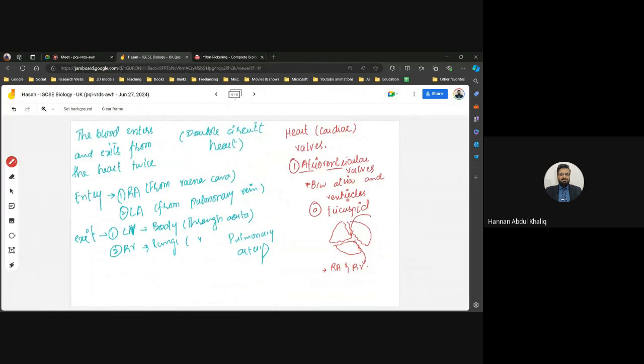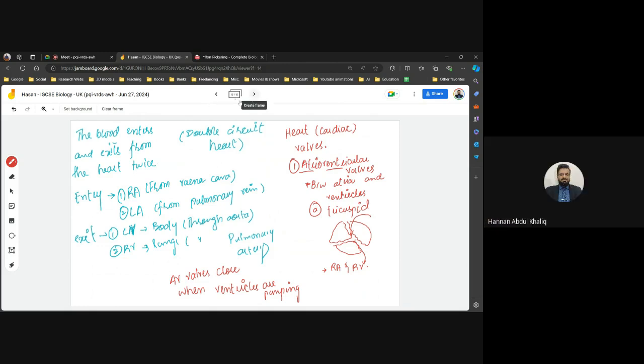The atrioventricular valves, you can say the AV valves, close when ventricles are pumping, so that the blood must not go back to the atria. Is it understood now?